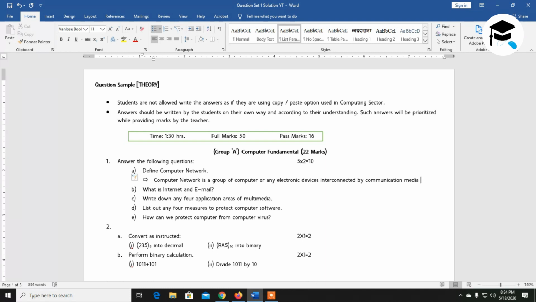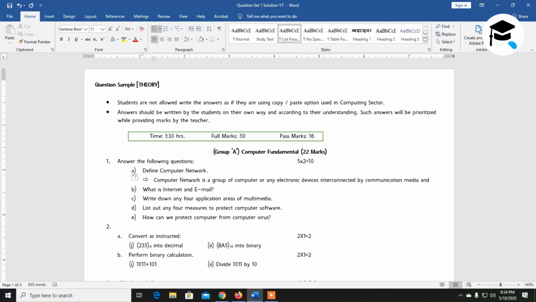For example, if data is transferred from one computer to another computer with the help of a networking cable, you might have used a cat cable, then that is an example of communication media. So a computer network is a group of computers or any electronic devices interconnected by communication media.